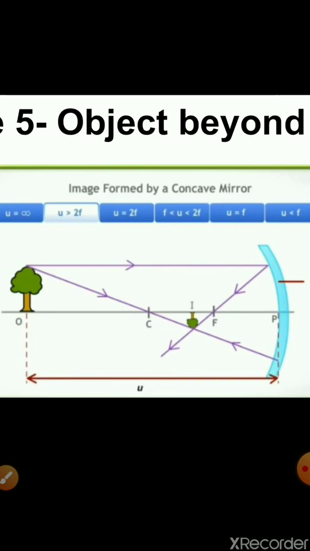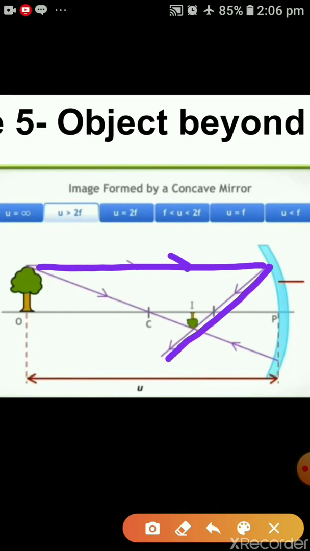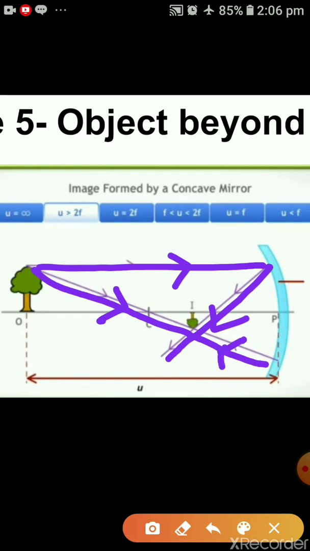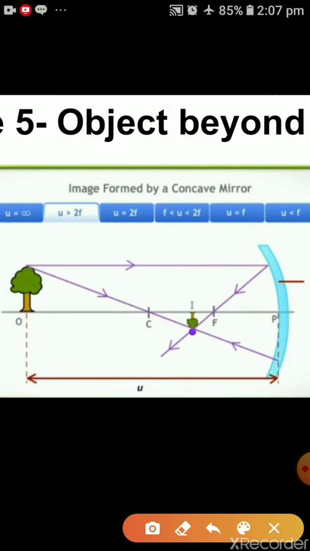The first ray will be parallel to the principal axis, again passing through the focus. The first is the same, and the second ray will pass through the center of curvature, so it will reflect back along the same path. They are actually meeting at this point, where the reflected rays meet. So at this point only the image will form.